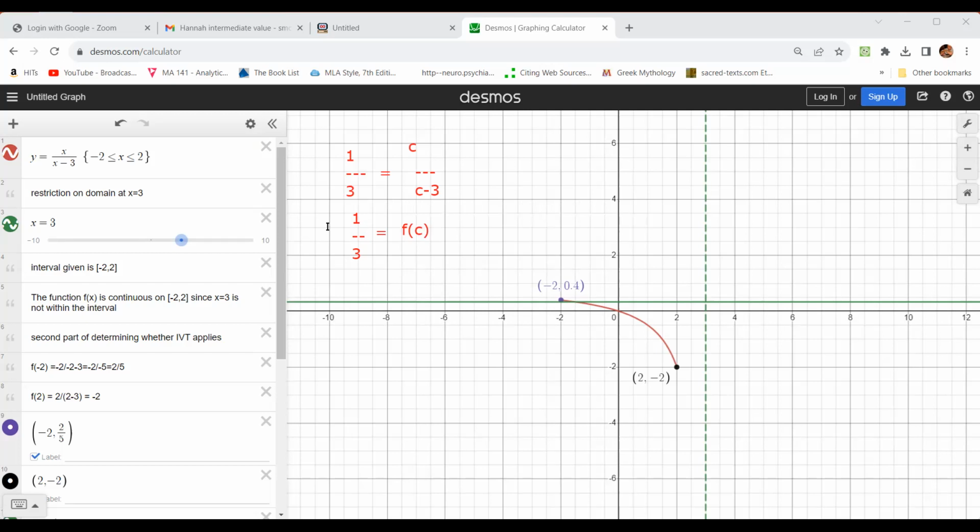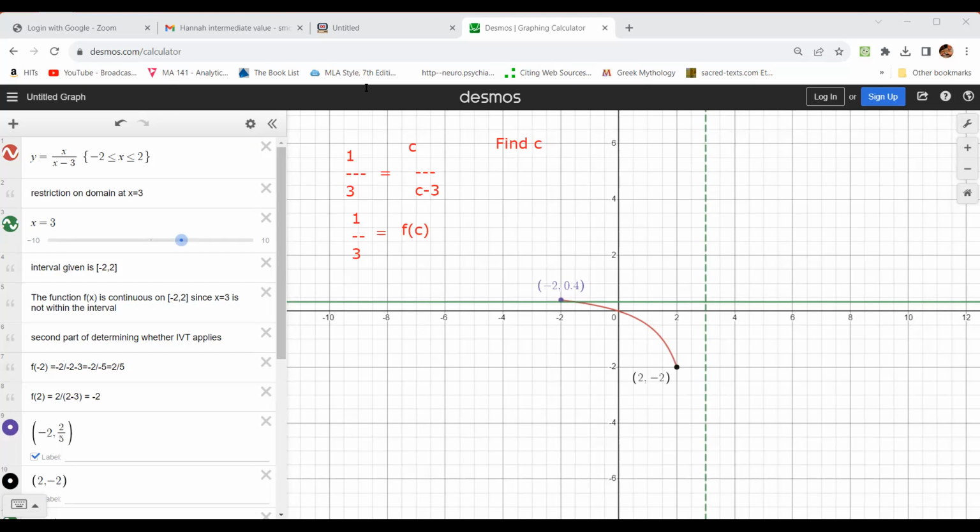Now, we're like 90% of the way there, right? But they asked us to find c, right? How are we gonna do it? It's a really good question.